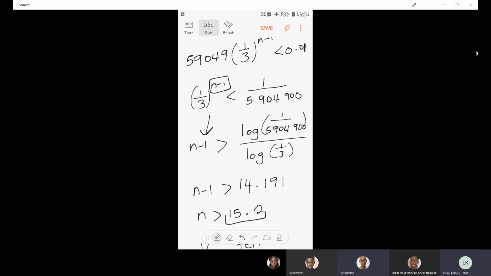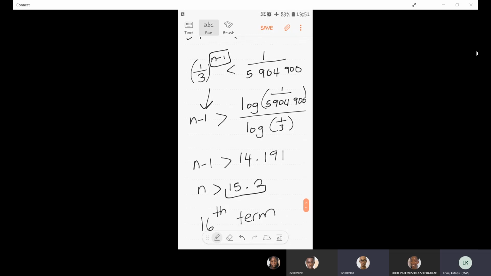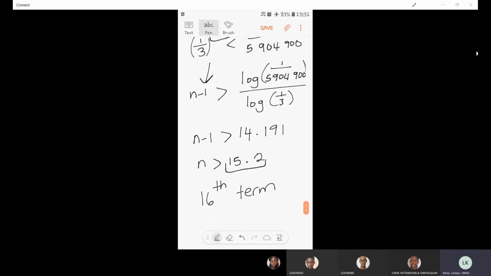I get it. Okay. Do we have any other questions? Are we fine with working out a or r or the nth term with geometric progressions before we move on to working out the sums of geometric progressions?